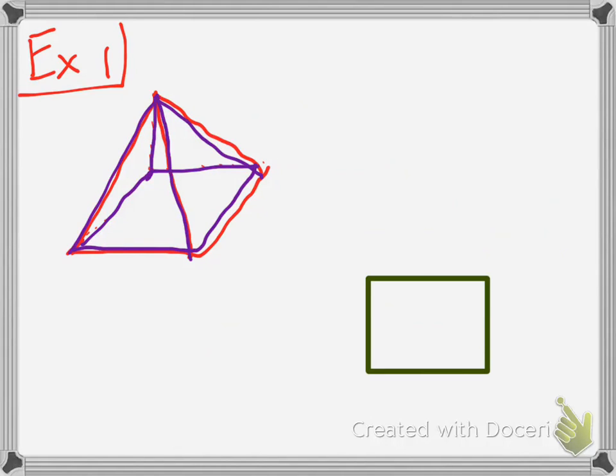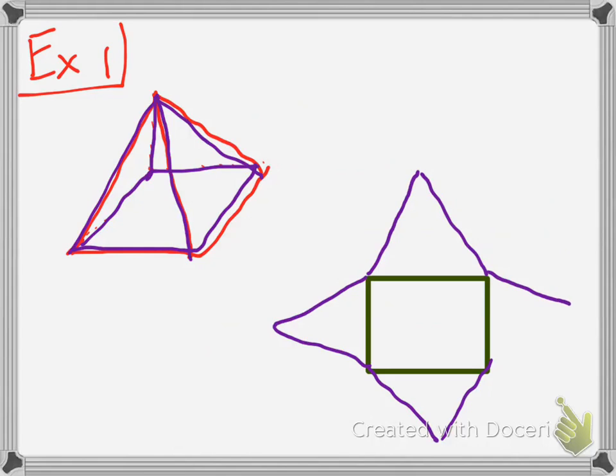And you got to do it in a way where if you fold it just right, it will be able to form that 3D object again. So if I folded these outside edges up, it will form the square base pyramid. There's other ways of drawing nets of pyramids and other objects.